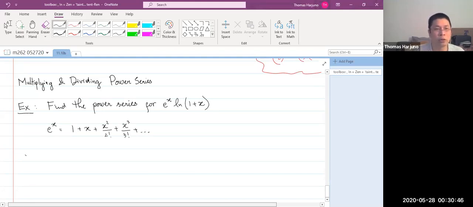While natural log of 1 plus x, when I look at my toolbox, I get x minus x squared over 2 plus x cubed over 3 and on.